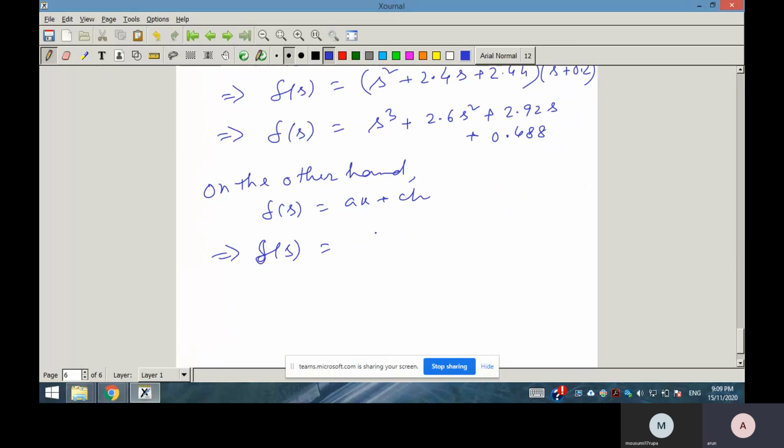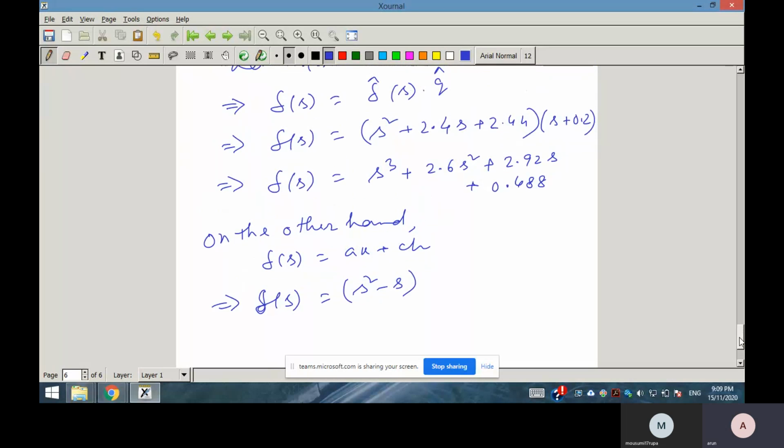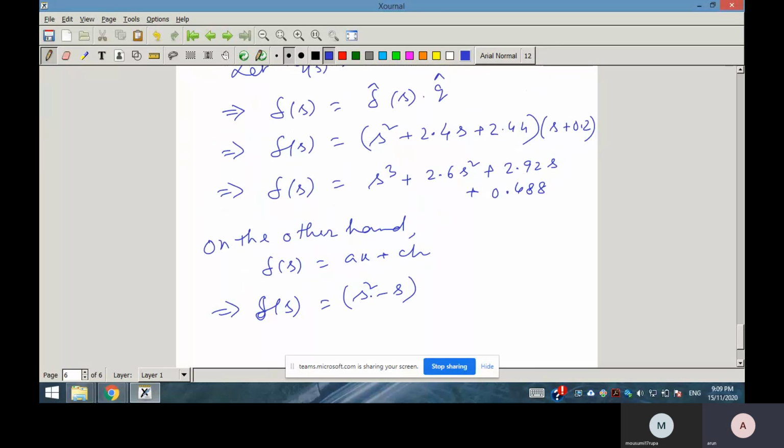A is S square minus S, that is the given plant pole polynomial. And here what will be the controller order needed? Your plant order is 2. So controller order will be what? N minus 1. We have already seen.